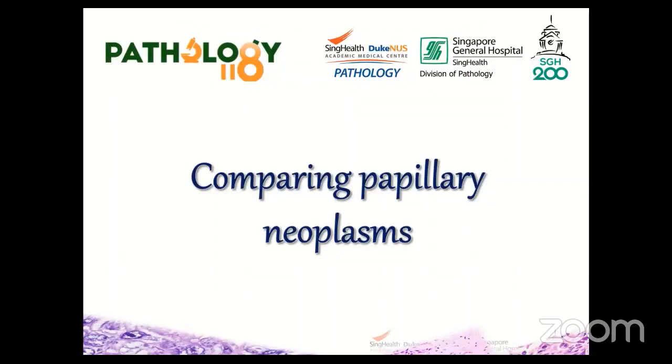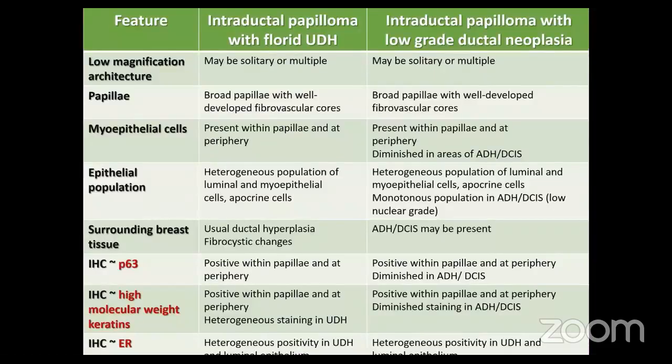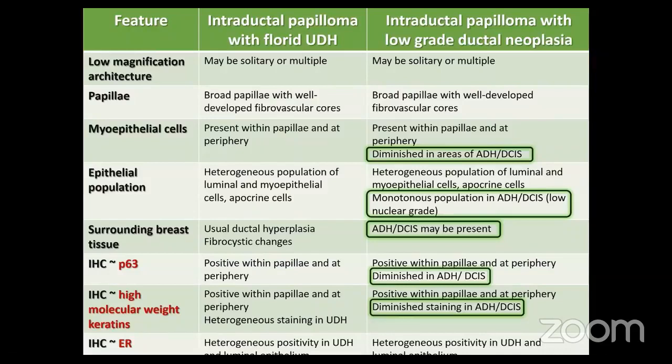Finally, I'll leave you with some tables comparing the various papillary breast neoplasms. So the intraductal papilloma with florid usual ductal hyperplasia versus one with low-grade ductal neoplasia. These are the key differences. Myoepithelial cells are diminished in areas of ADH and DCIS with a monotonous epithelial population of low nuclear grade.